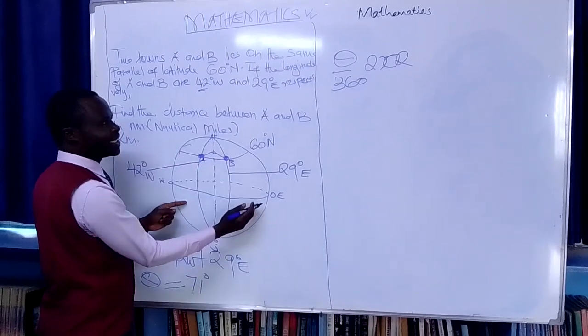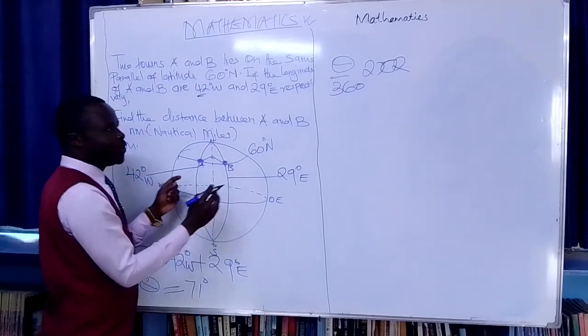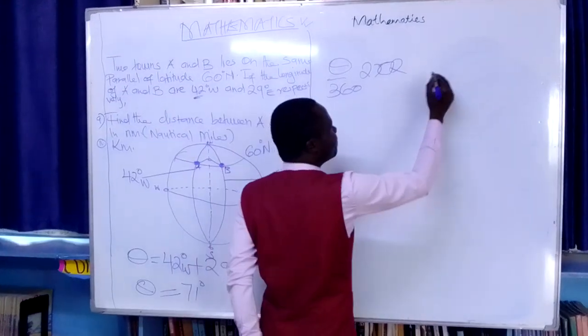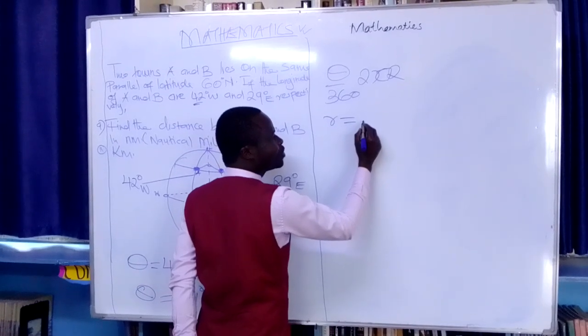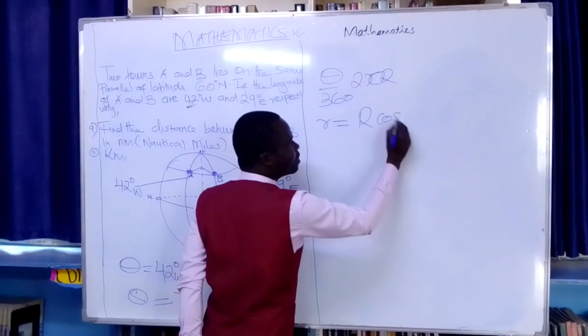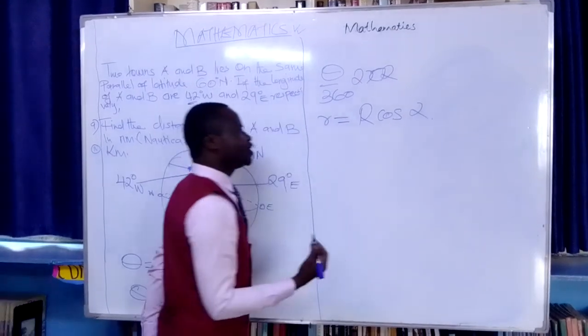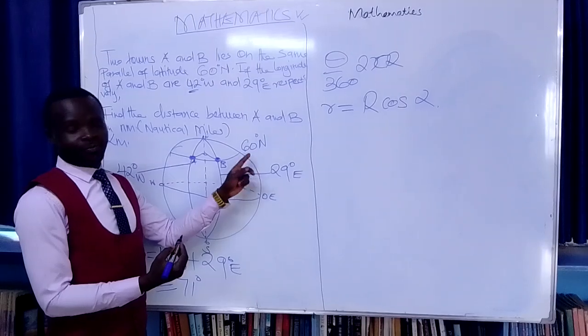This is a small circle, not a great circle, not the equator. So our radius r is going to be given by r equals R cos alpha. That is what we need to understand. Where alpha is going to remain the latitude itself, this one.